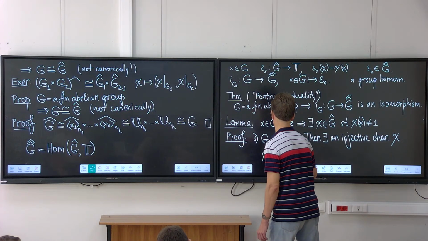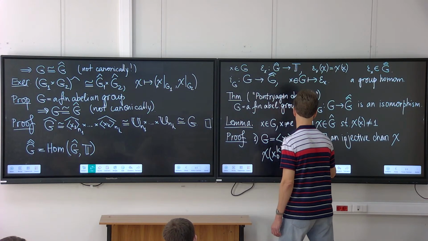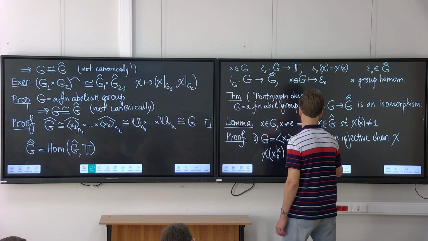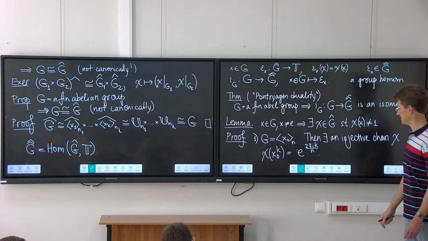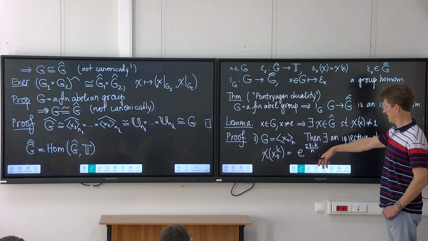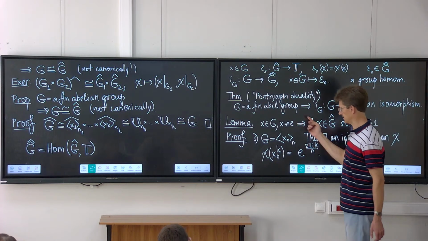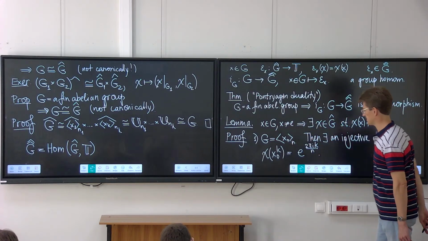It takes x0 to the power k to the following number. Well, this is seen to be injective. So this chi works. It applies to any non-trivial element little x.